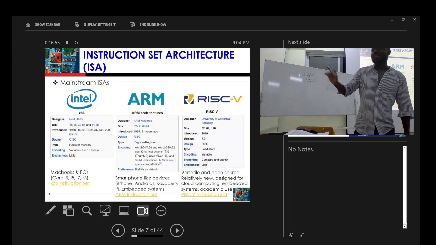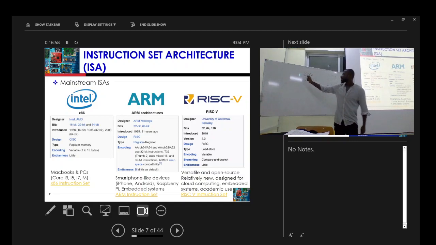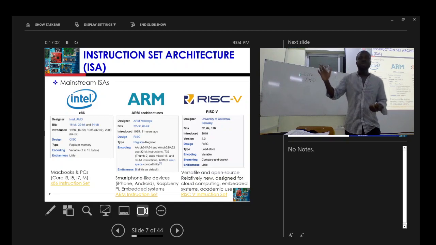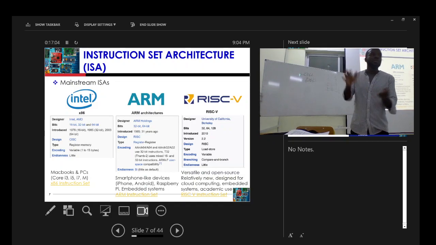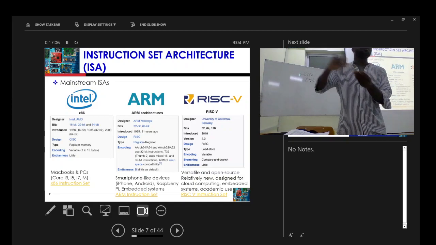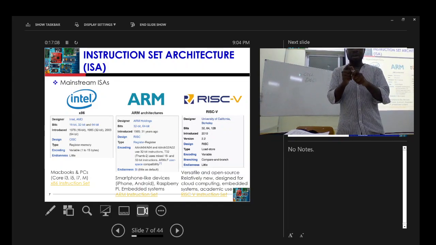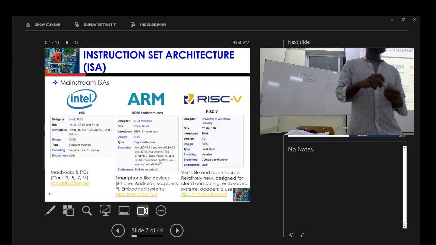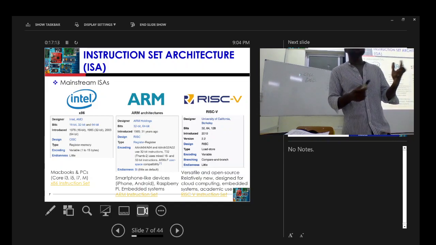Simple as that, right? Now, what happens is that for the complex instruction set architecture, there are so many instructions. For the reduced one, as easy as that, they have lesser instructions than the complex one, right? So if you have so many instructions, the architecture of your CPU becomes very complex.